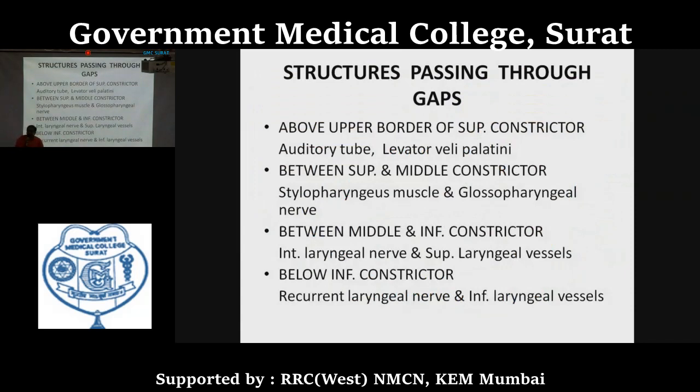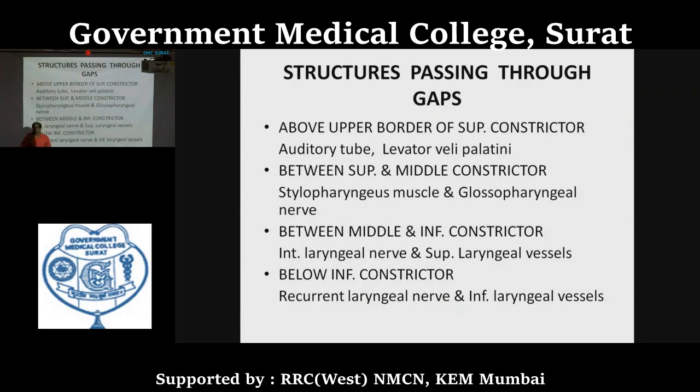The structures passing above the upper border of the superior constrictor muscle are the auditory tube and the levator veli palatini muscle. Between the superior and middle constrictor, it is the stylopharyngeus muscle along with its nerve supply, the glossopharyngeal nerve. Between the middle and inferior, it is the internal laryngeal nerve along with the superior laryngeal vessels.